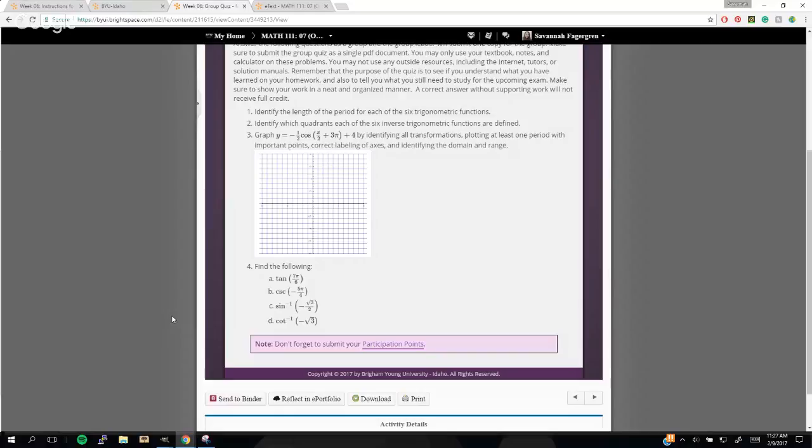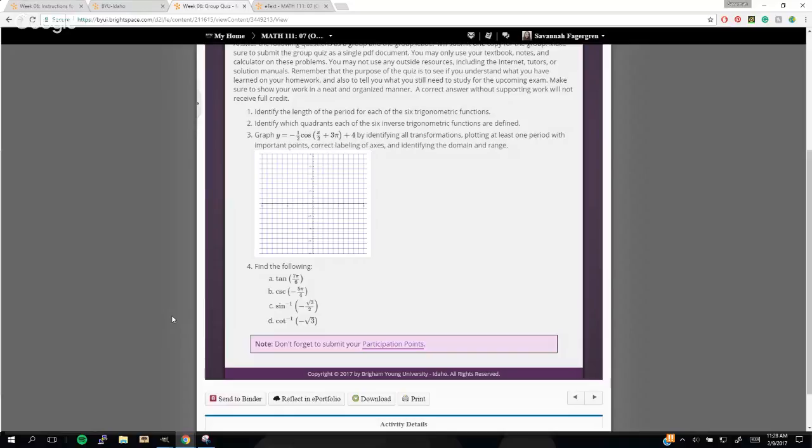And then for D, you said cotangent is also in quadrants 1 and 4? If it was tangent, then it would be 1 over negative square root of 3. So I think it's either going to be 11 pi over 6 or 5 pi thirds.